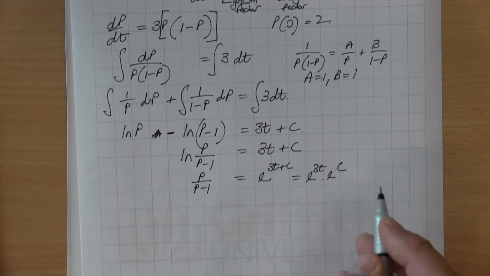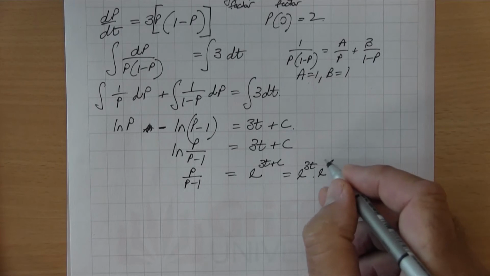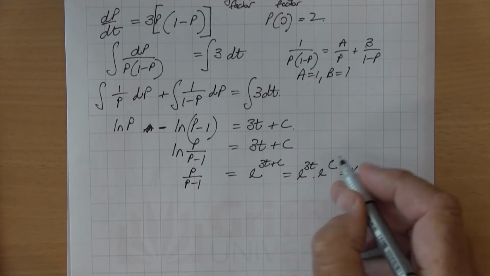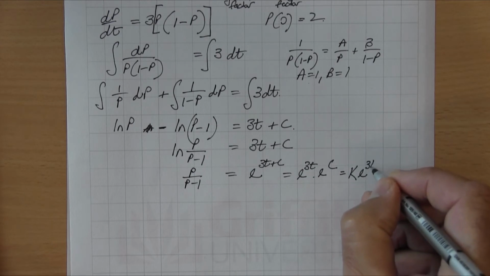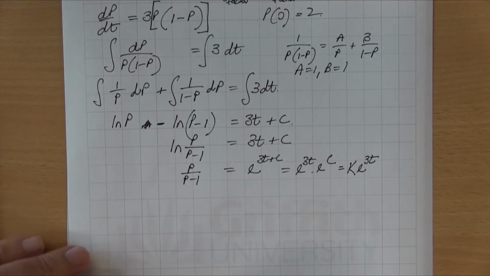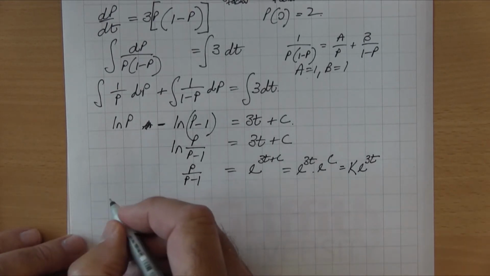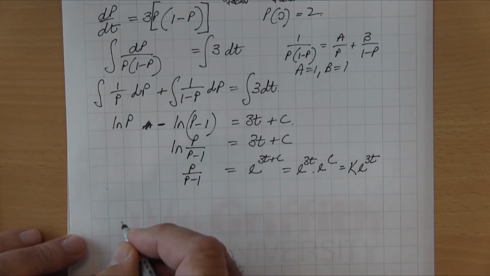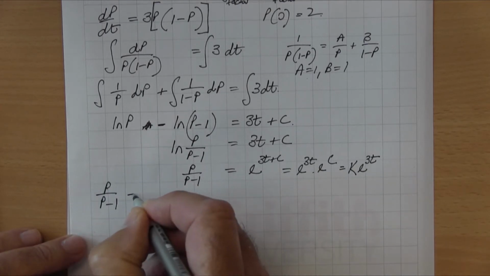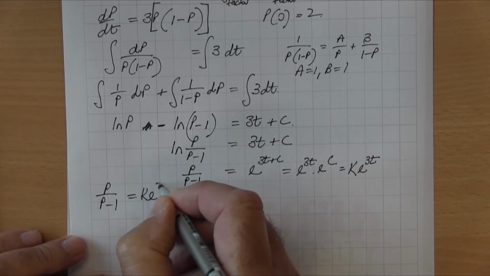Adding indices, you're multiplying, and that'll be equal to, instead of e to the c, we'll make that equal to k, another constant, times e to the 3t. Okay, so that's probably worthwhile just putting to one side because we might need that a little bit later on. So we've got p over p minus 1 equals k e to the 3t.